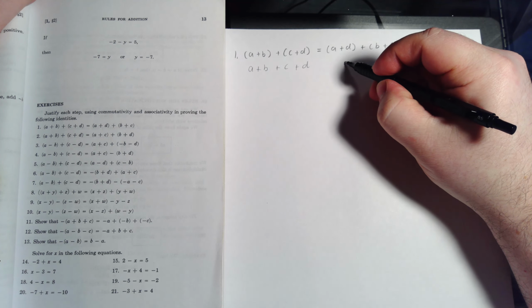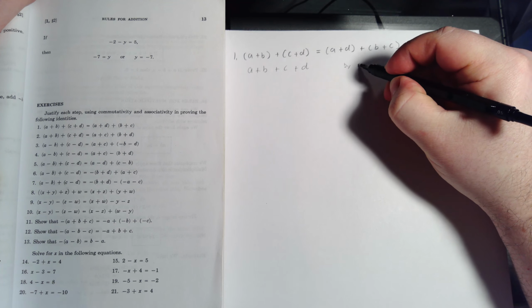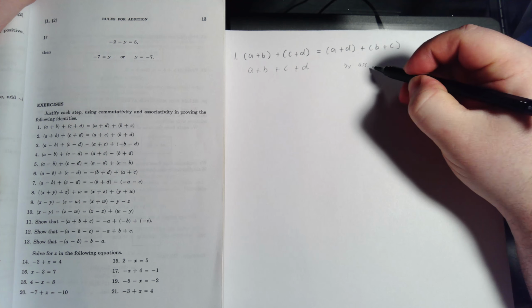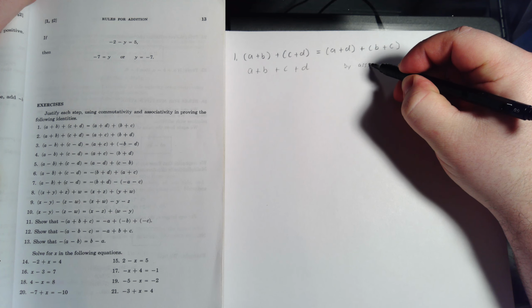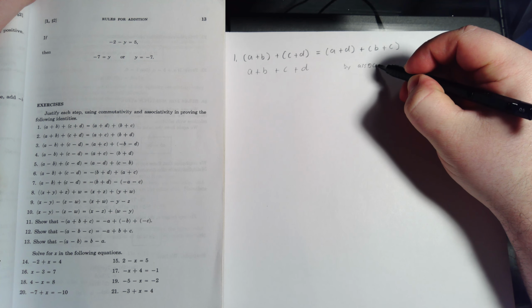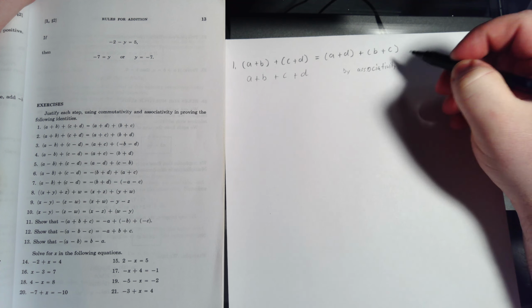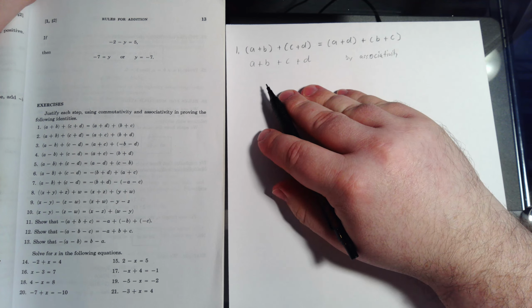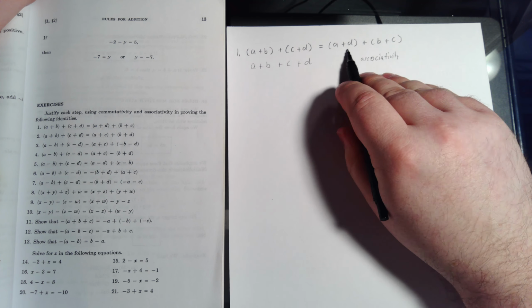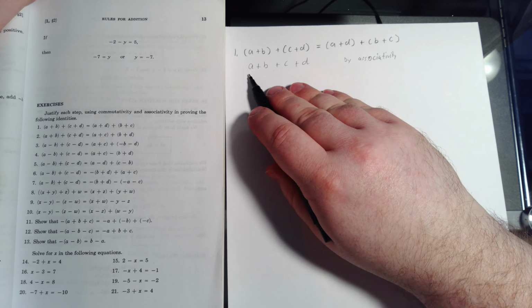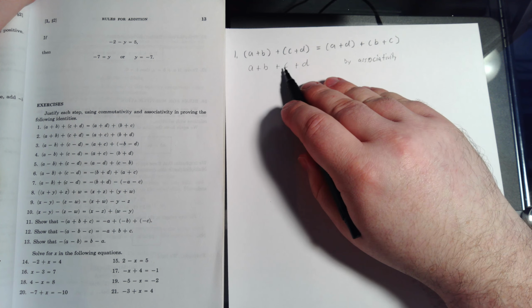And we can write that we did this by associativity. So then, we have A and D and B and C. So let's put A and D together and B and C together.